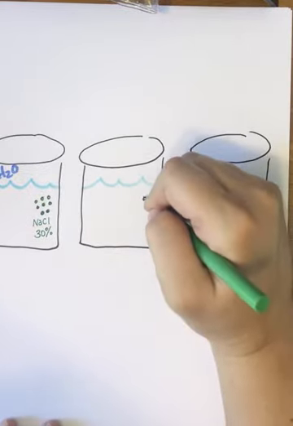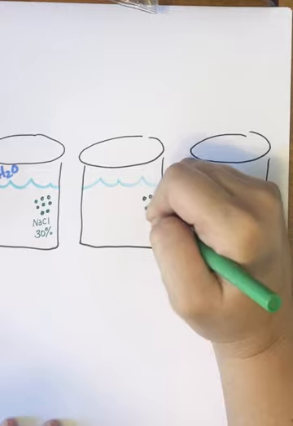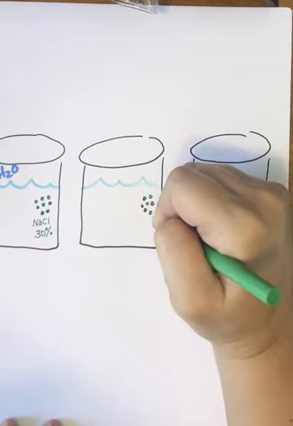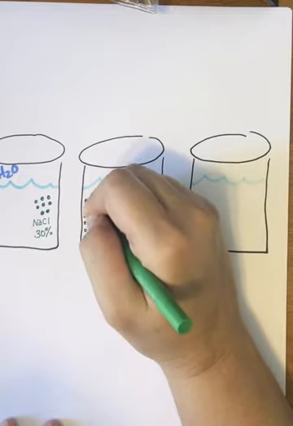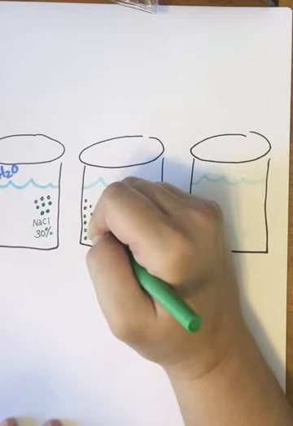Now in the next one, we can put a lot of salt in here. We can just fill this beaker up. So since we said this was 30% water, we can keep it at 30% water.